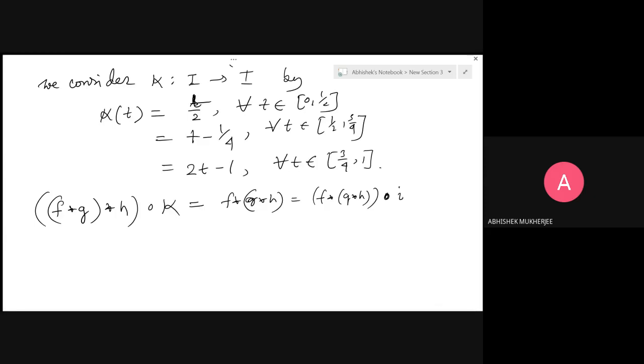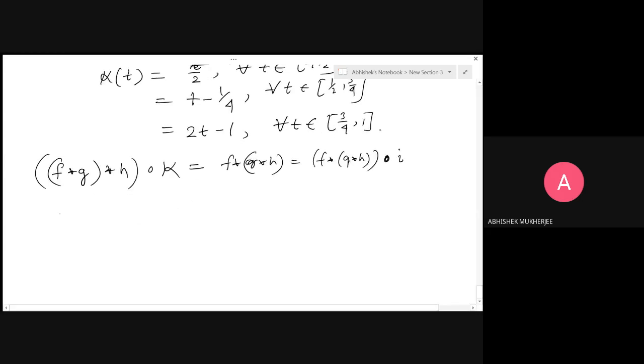Now since k and I both are paths in the closed interval 0, 1, and the closed interval 0, 1 is a convex space, k and I are homotopic. So k is homotopic to I in capital I, as capital I is a convex space.